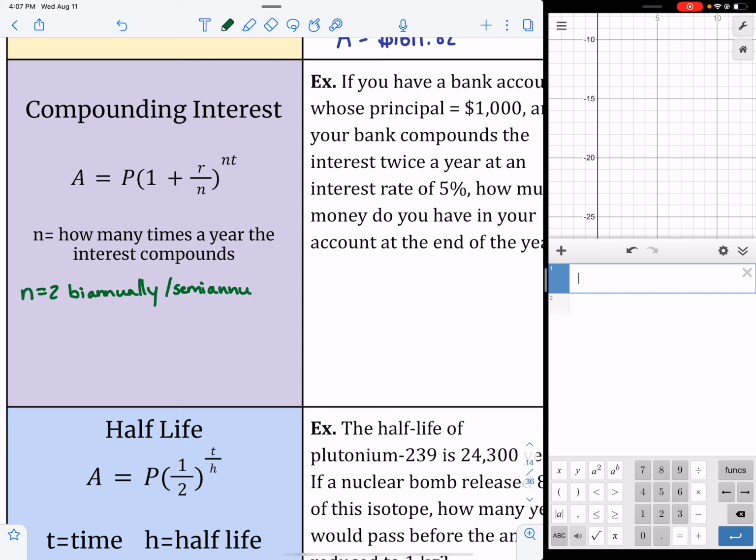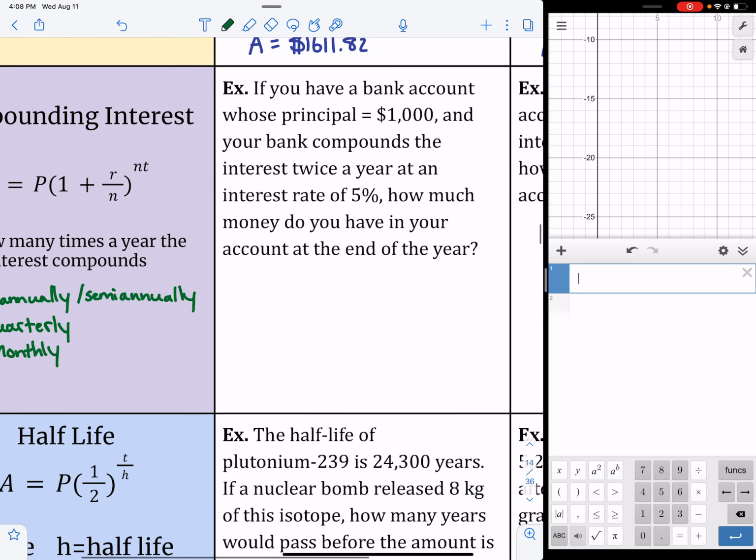So we would say N equals 2. We'd say N equals 4 if it's quarterly, for example. That's a popular one they like to say. N equals 12 if it's monthly. So those are some of the most popular ones. If they say 3 times a year, N would equal 3. So it's whatever they tell you is happening.